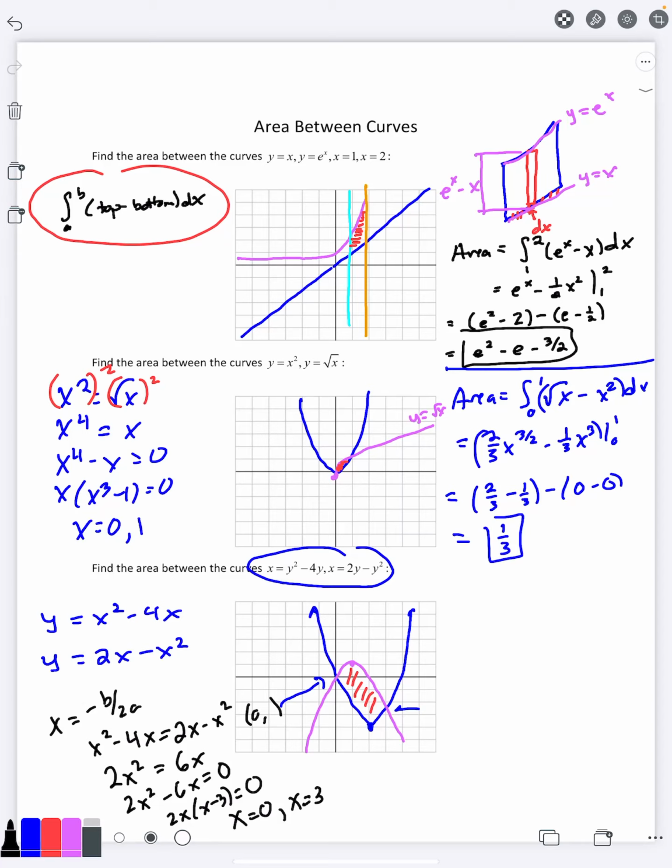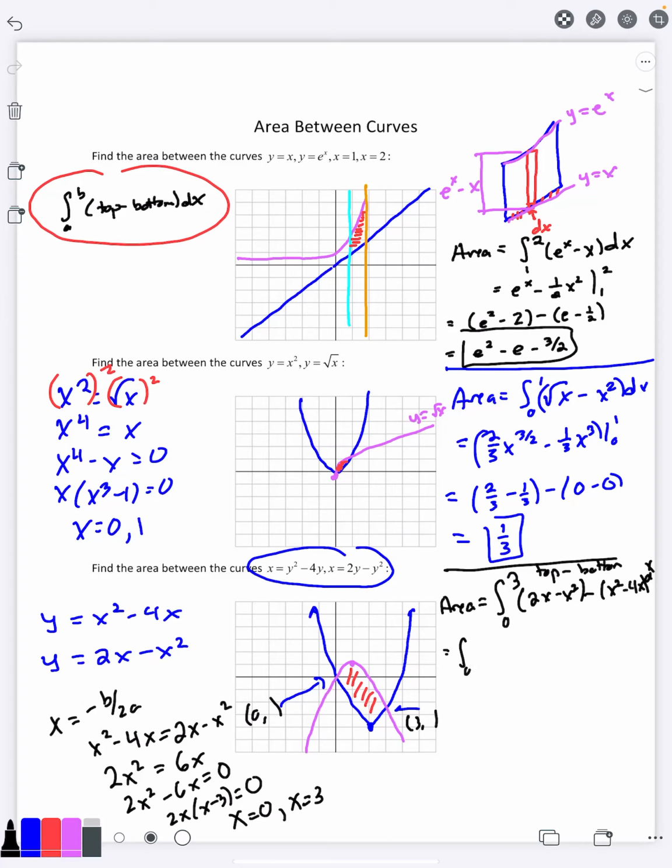We don't really care about the y values here. So that means my area for my integral is going to go from 0 to 3. The top function is the purple one, which is 2x minus x squared. The bottom is the x squared minus 4x dx over here.